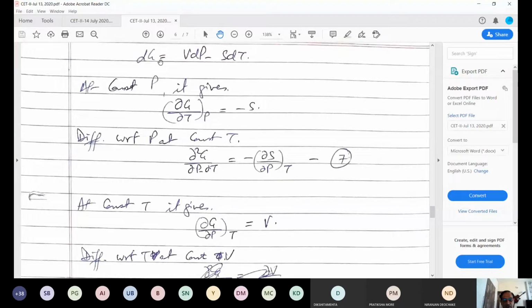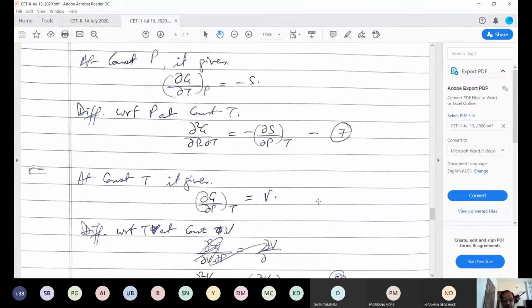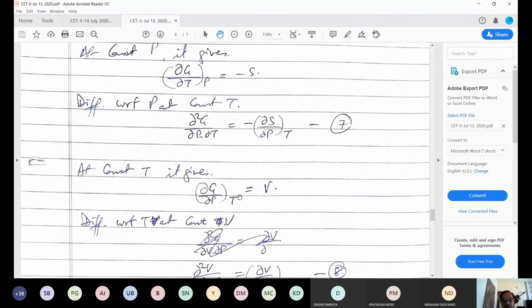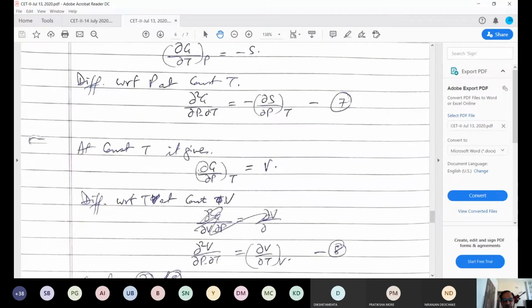So what you get is delta G by delta P at constant temperature is equal to V. And then differentiate with respect to T at constant volume. And what we get is delta square, sorry, this should be G, not V. Delta square G by delta P delta T is equal to delta V by delta T at constant volume.